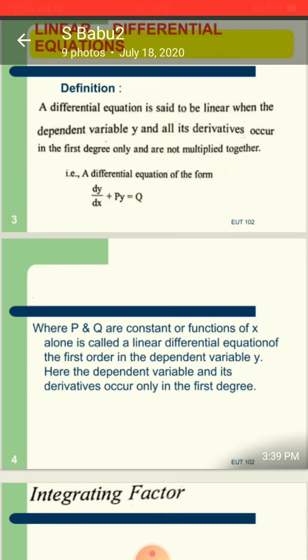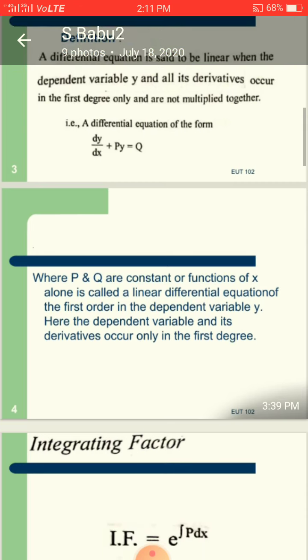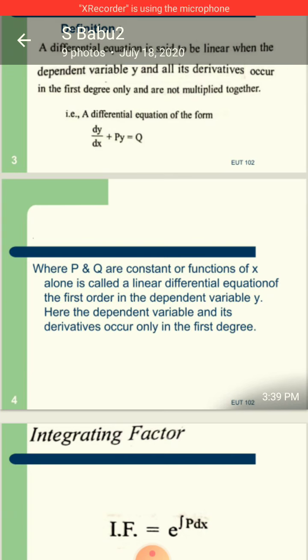Having these conditions satisfied, if we have the differential equation in the form dy by dx plus P y is equal to Q, then we say this differential equation is a linear differential equation.